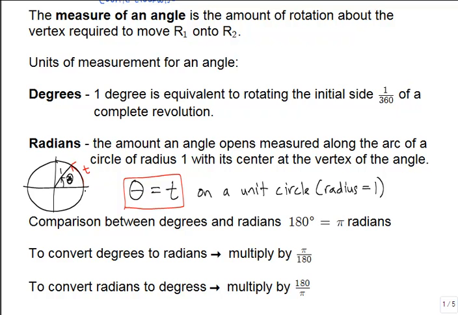And in the case of a unit circle, the theta, this sort of central angle right here, which is in radians, equals this arc length t, which is also in radians.